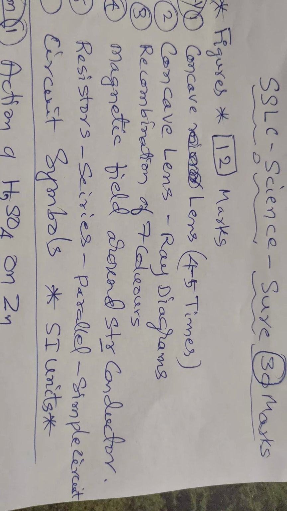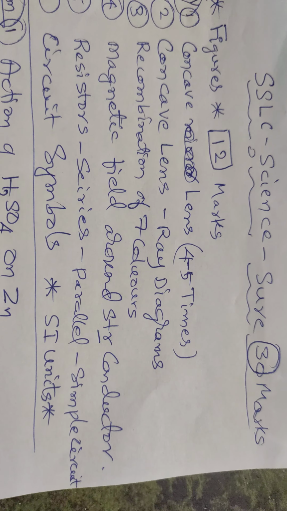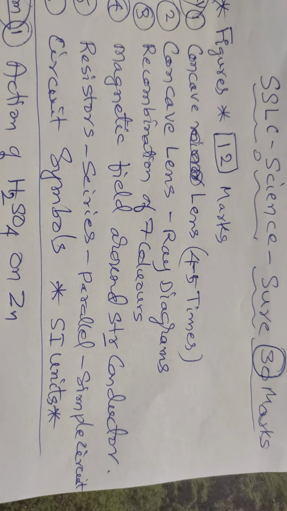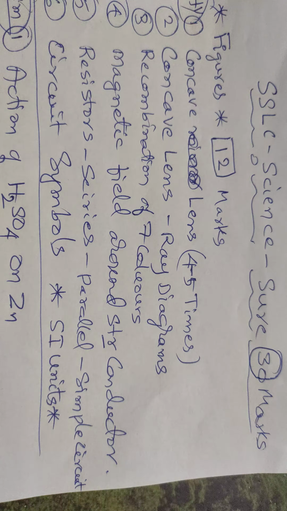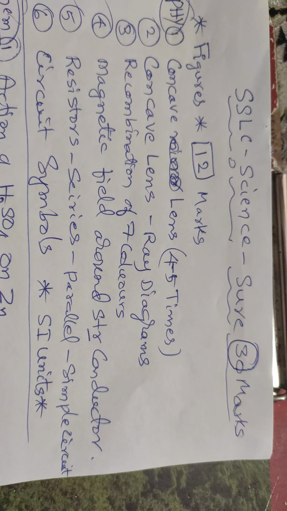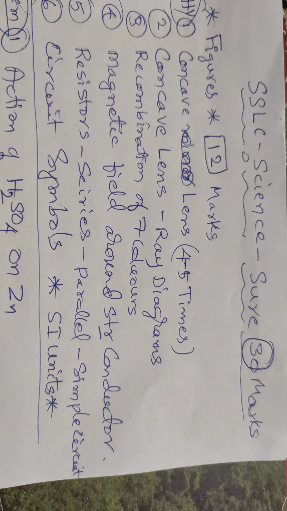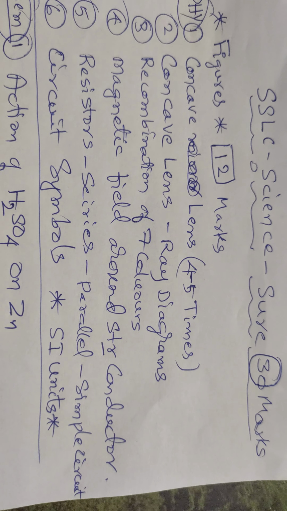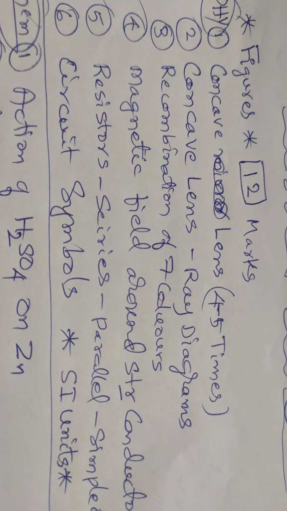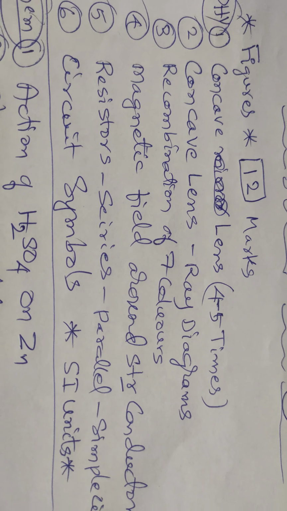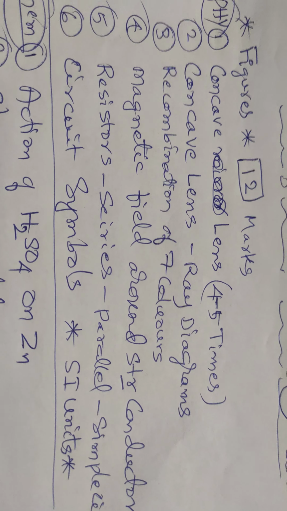Anyhow, you have to make a correction in the first sentence: convex mirror, 4 to 5 times it is repeated. Concave lens is repeated once, the ray diagram, and the recombination of 7 colors into a single ray. That figure you have to go through.